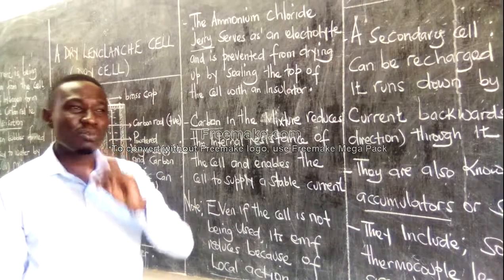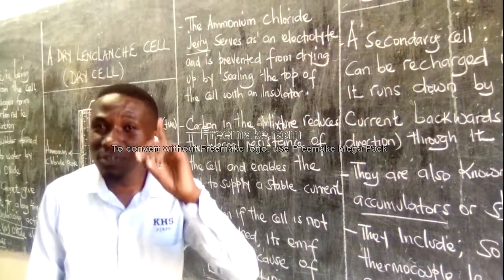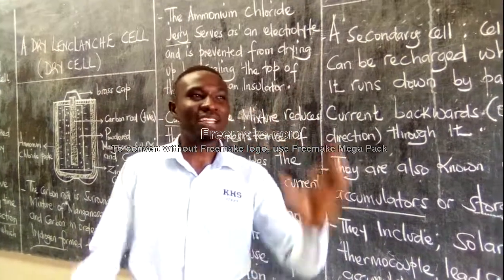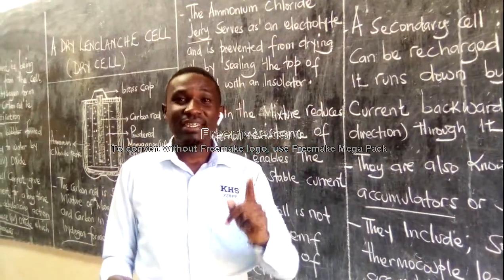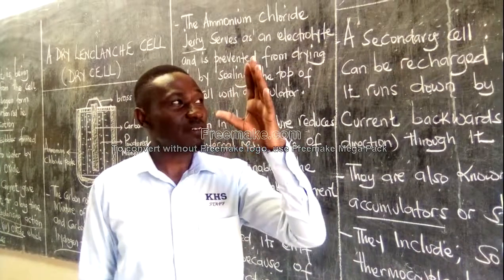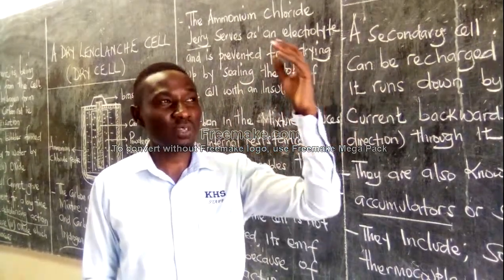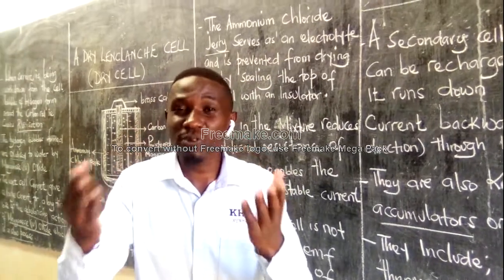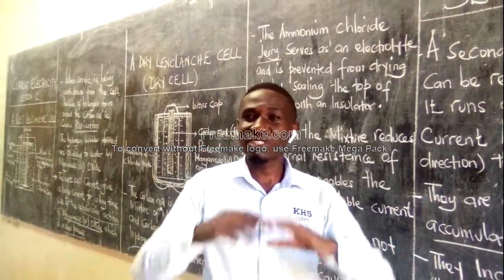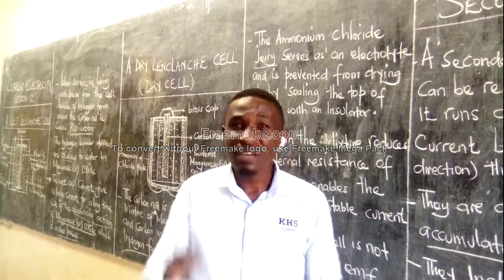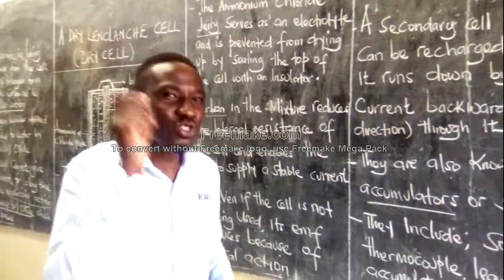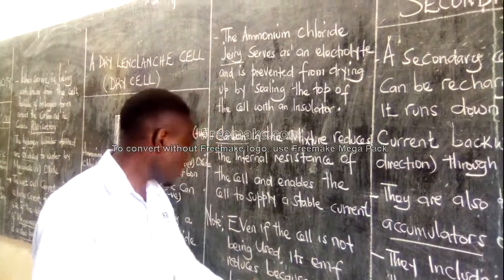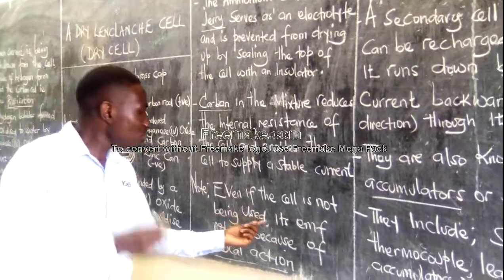Children, you must remember that even when you have not used the dry cell, even when it is in the shop and it has not been used, once you get it from the shop after a very long period of time, it will not work, or it may work for a few days and it gets used up. Why? Because even when you have not used the dry cell, it has a challenge of local action, which will reduce its EMF.